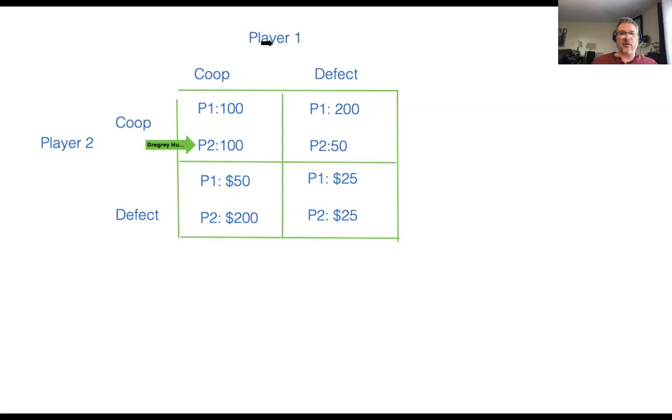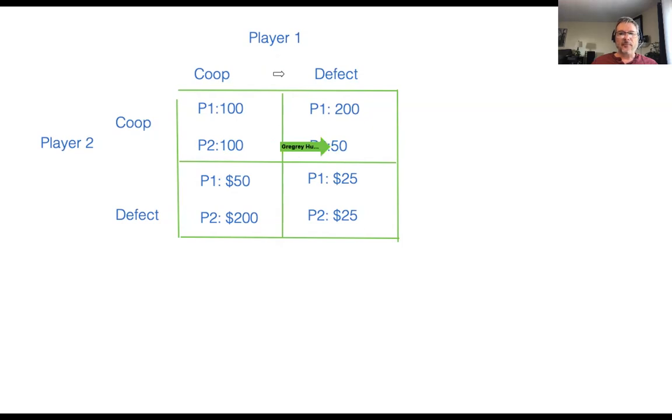And if player one plays defect, then player two has this choice between either playing cooperate and earning 50, or playing defect. And actually, I think that I have my payoffs wrong here.